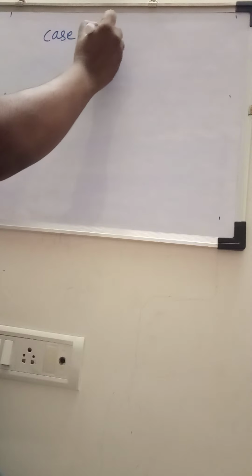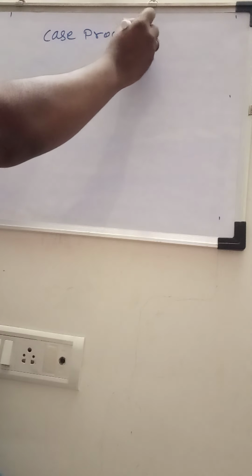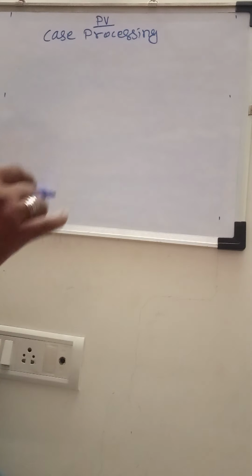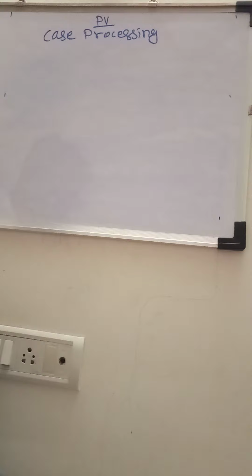So here, PV case processing. In pharmacovigilance case processing, we would like to know about some fundamentals, because the people who are watching this video might already have a fair idea about ICSR, individual case safety reporting.